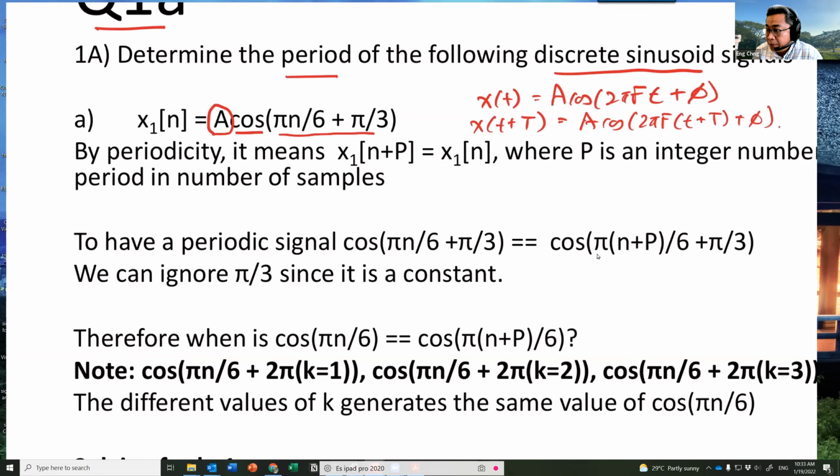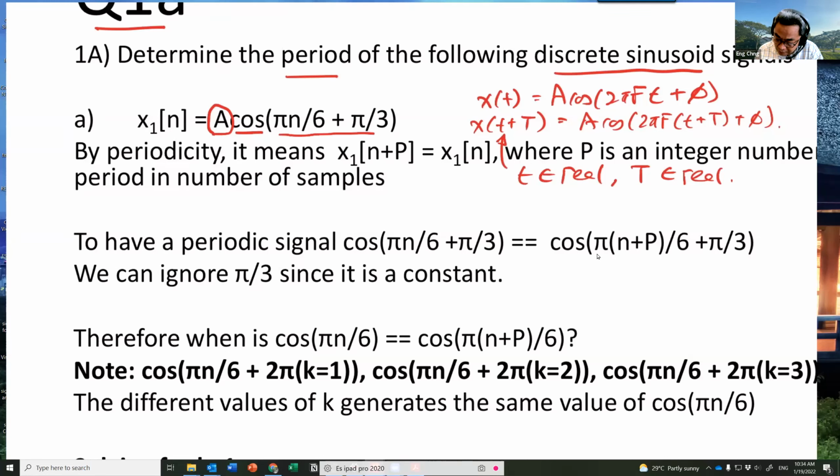And if we can find the capital T, which is the period, then it is repeating. In the continuous time case, t is a real number, and capital T is a real number. So we can always find the period.